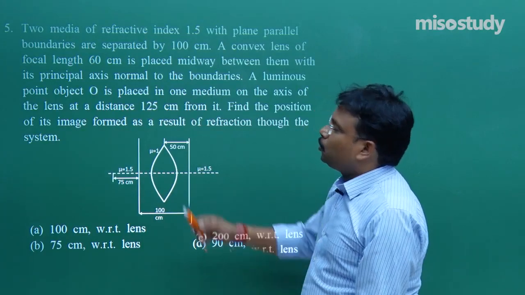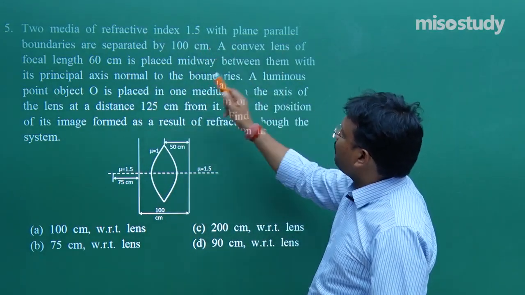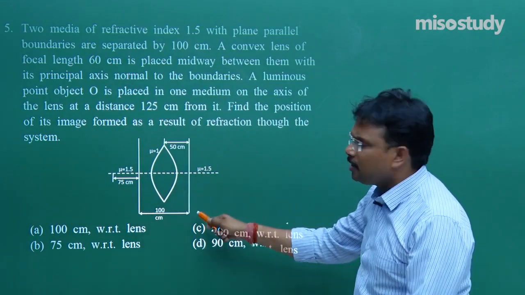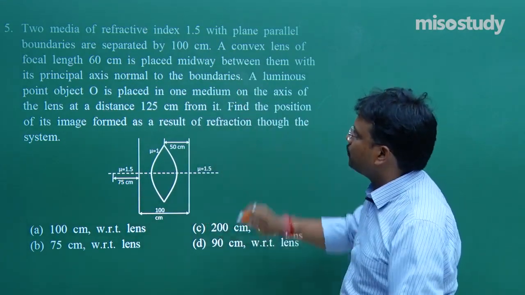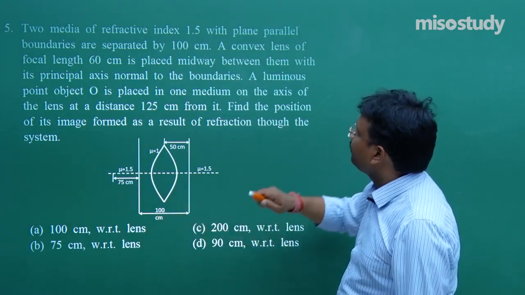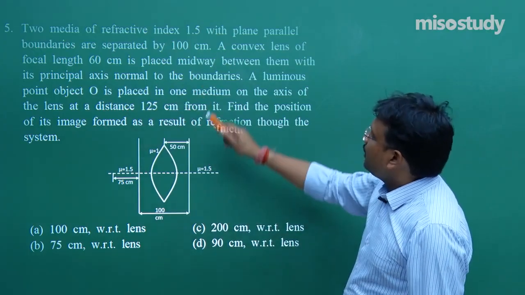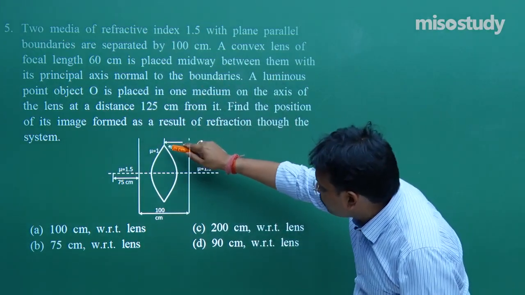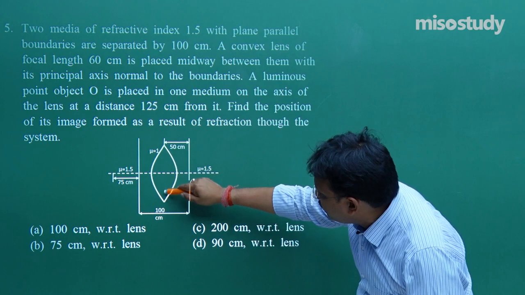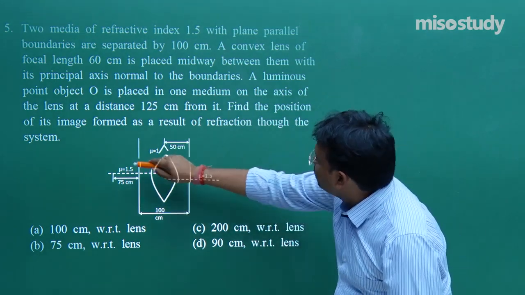Now, two media of refractive index 1.5 with plane parallel boundaries, everything is clear the way we defined the question, are separated by 100 centimeter. Fine. A convex lens of focal length f, value is given, is placed midway. Midway means this straight line if you draw, then this is 50, this is 50.